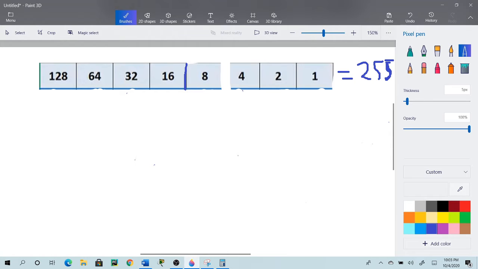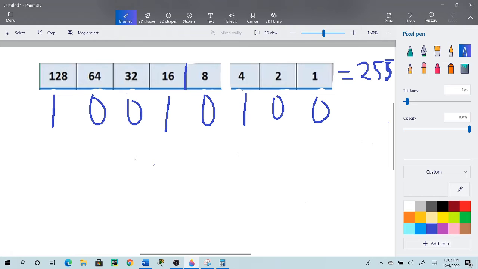So without wasting time, let's just take a random number. Let's start with 1 0 0 1 0 1 0 0. As you can see, we already have a binary number, so there is no way we can know its value. We have to find a way to convert this number so we know what kind of numbers the computers want to use.